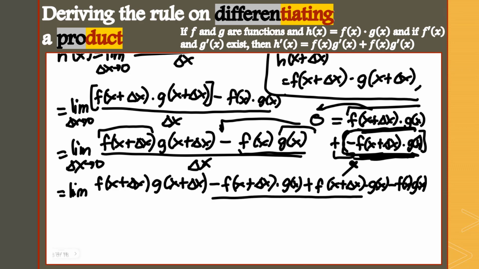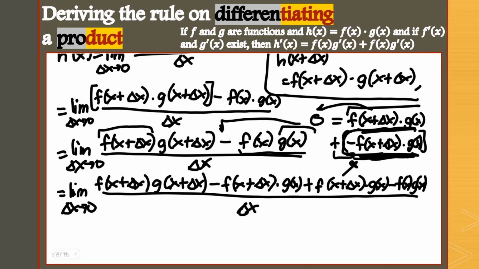This is actually what is equivalent to 0. So we're simply adding 0. We are not changing the actual value. This is the original form. This is the original form. So again, we are not changing the actual value. These are all over delta x as delta x approaches 0.